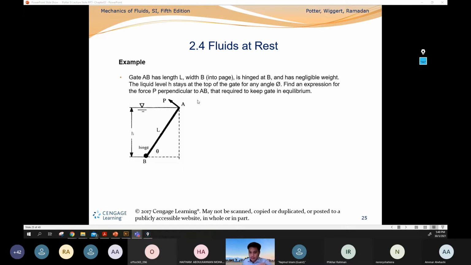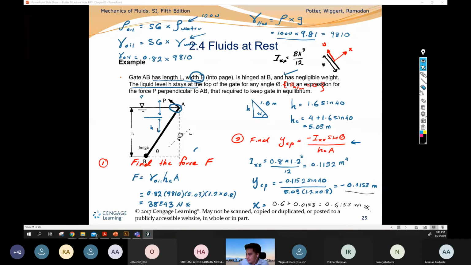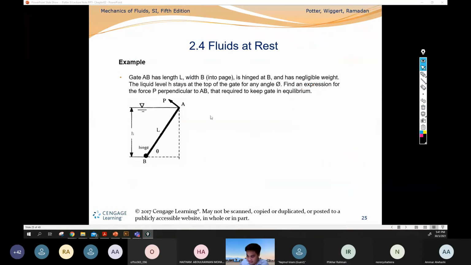Once we dip the gate, we have a force acting on the gate. To counter it and keep the gate in equilibrium, we need to pull the gate with the force P. So far, do you understand what the question asks?